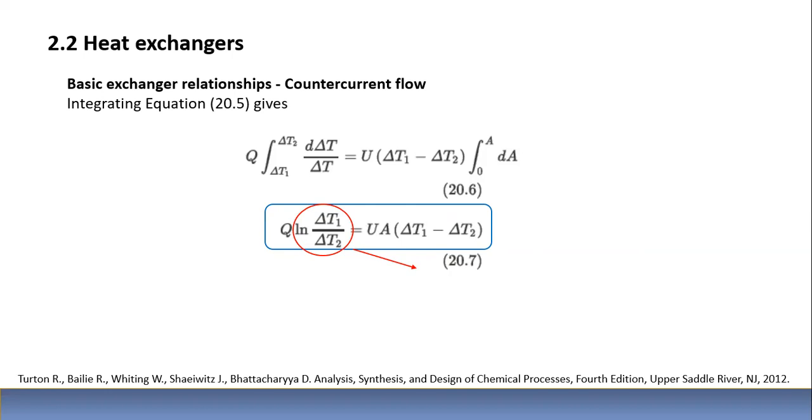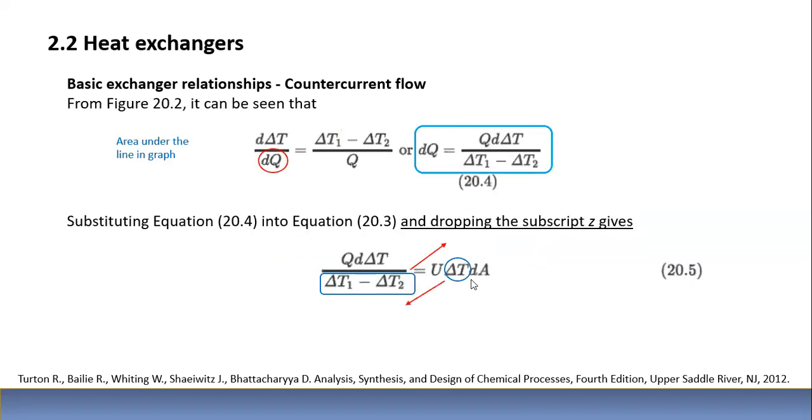That will be equal to U times the integral from position 0, Z equals 0, to A, which will be just A, times the overall heat transfer coefficient. The differential delta T1 minus delta T2 is a constant, which will be right there on the right-hand side of the equation. Then we have expression 7. I believe this is correct. Yeah.